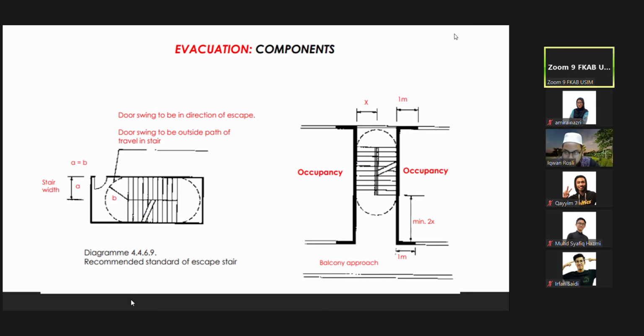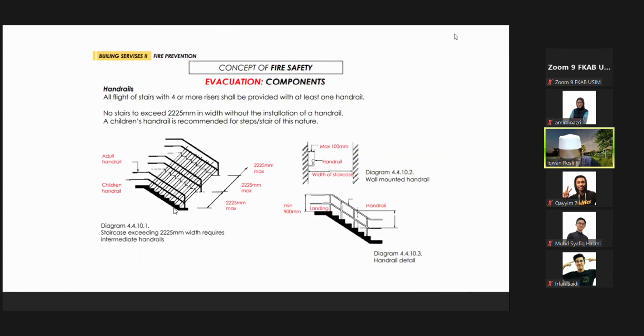According to this drawing, what I understand, the width of the fire staircase is maximum 2225 millimeter, and the steps are maximum 15 before we add the interval. The interval is compulsory. Is it?